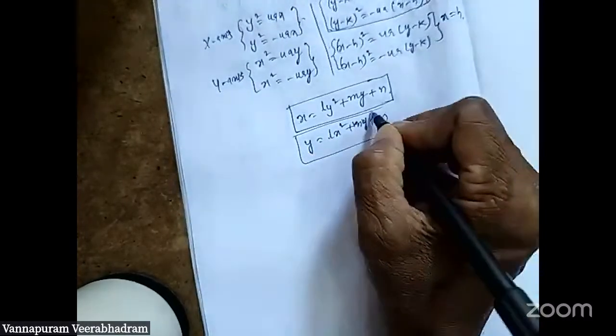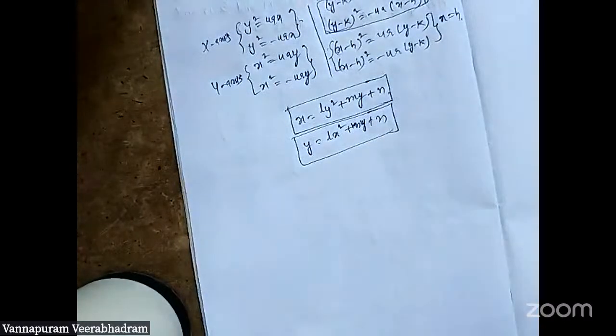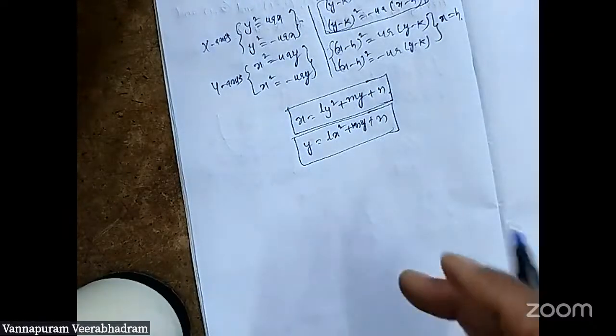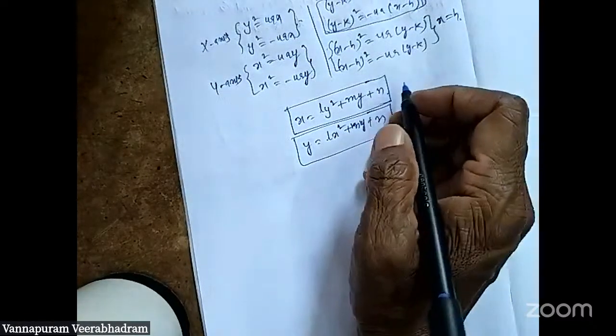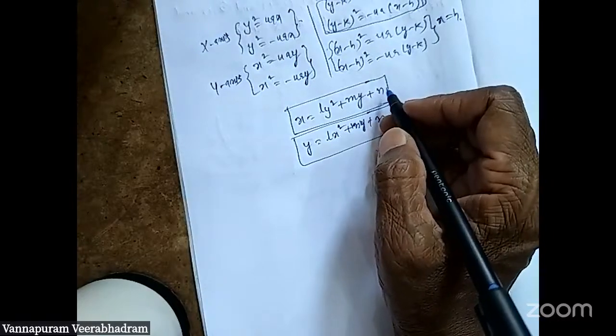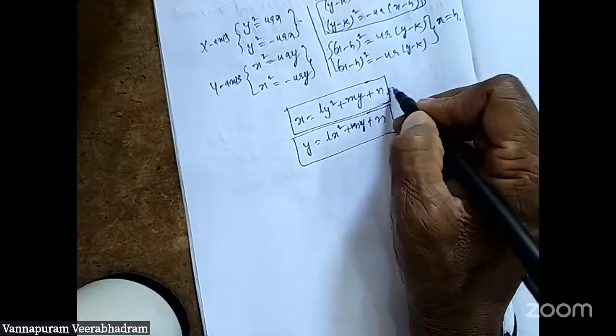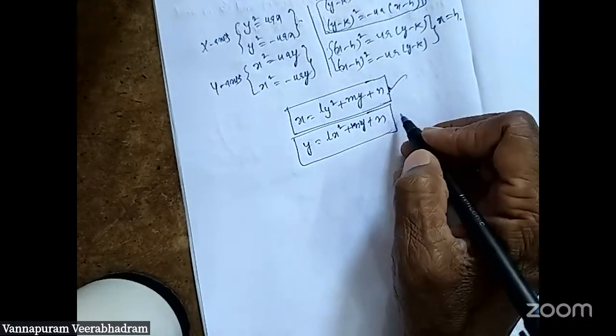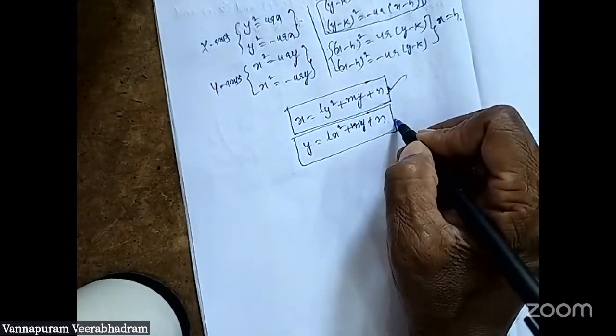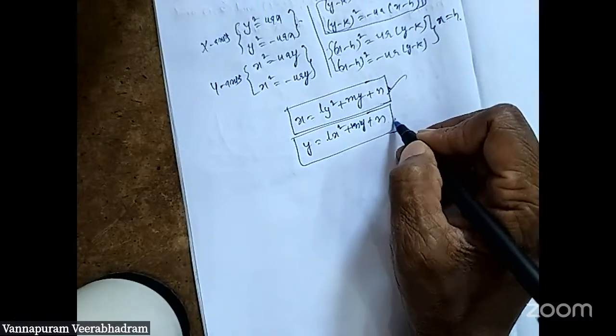So we take the general form of the equation of the parabola whose axis is parallel to x-axis of this type, and the equation of the parabola whose axis is parallel to y-axis in the form of this equation.